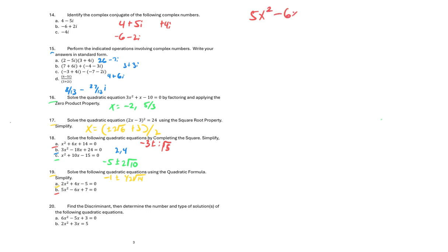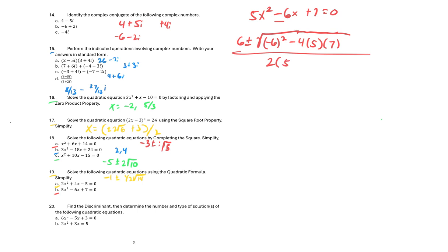5x squared minus 6x plus 7 is equal to 0. Same process, so it will be negative b, so in this case 6, plus or minus the square root of b squared, so negative 6 squared, minus 4 times our a times c, which is 5 and 7 respectively, over 2 times 5. So this will be 6 plus or minus the square root of negative 104 over 10.